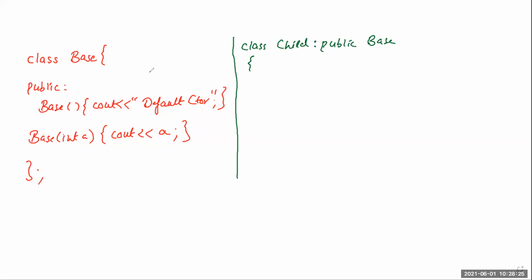For this example, we don't have any data. We only have two constructors, right? So within the child class as well, I'm not taking any data. I'm just making two constructors. First, a constructor which is not taking any arguments. Maybe we can say child and default.